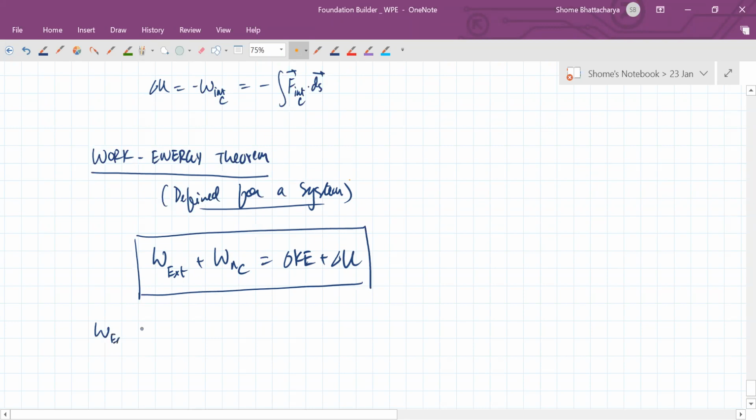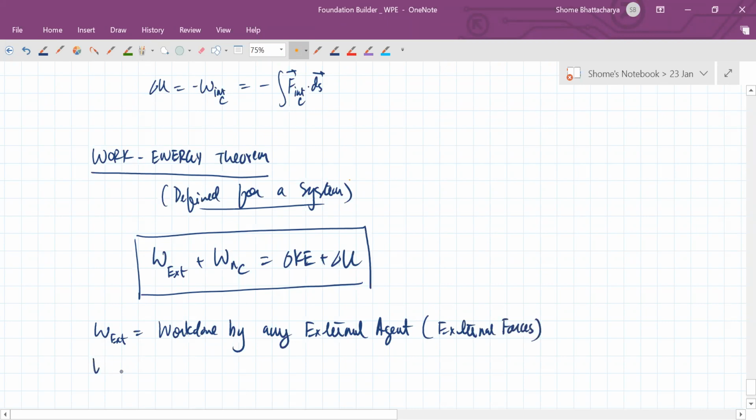So in this, each of these terms is like this. This is the work done by any external agent, that is, external forces which are applied. This is the work done by any non-conservative force, like friction.